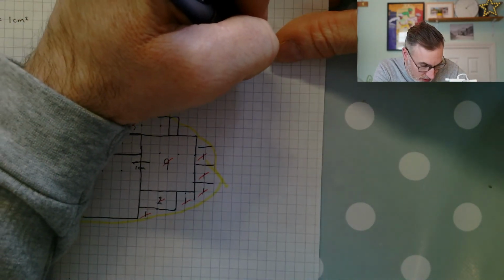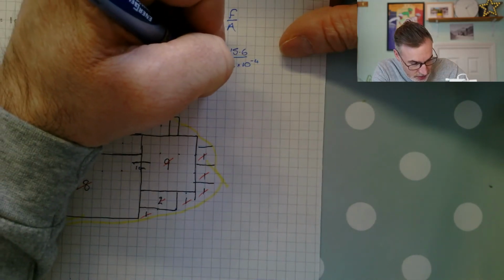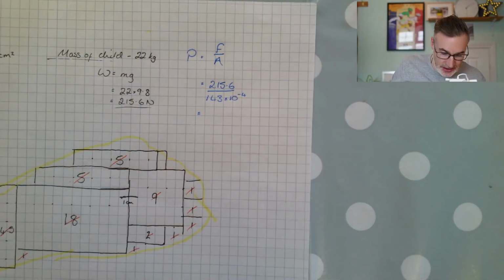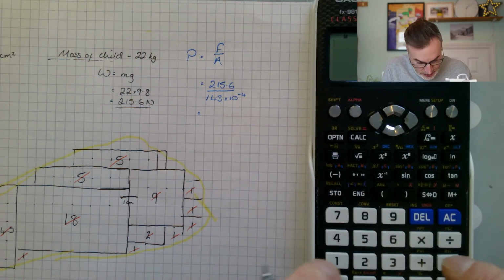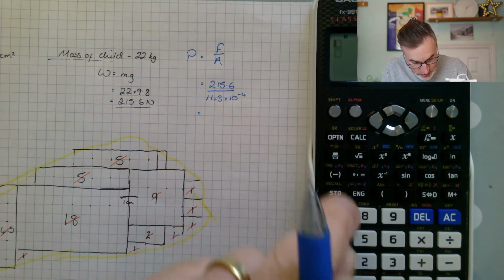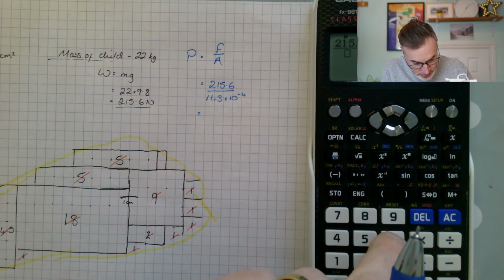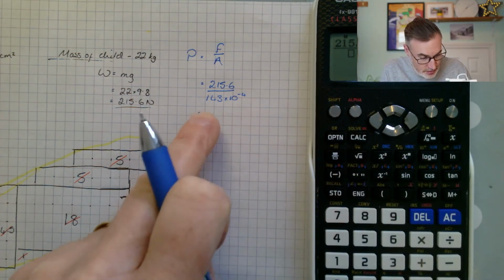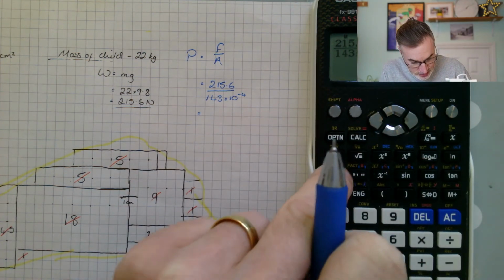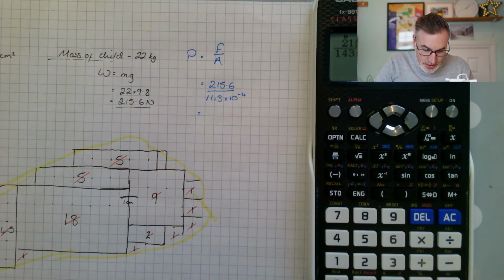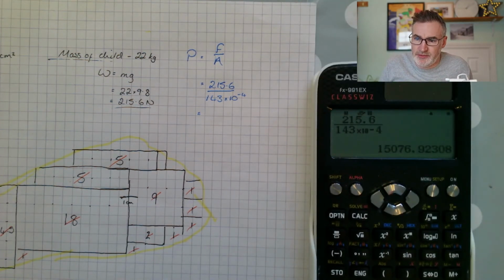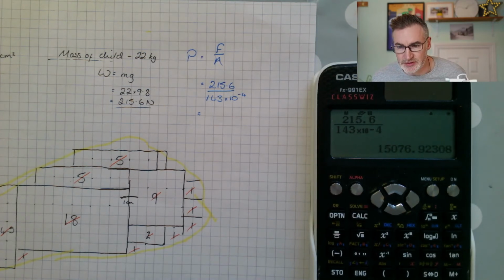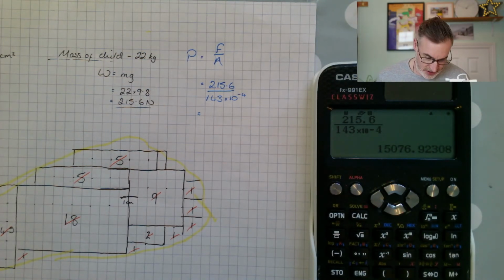And that all together is going to give me something big and horrible. 15,076.9.